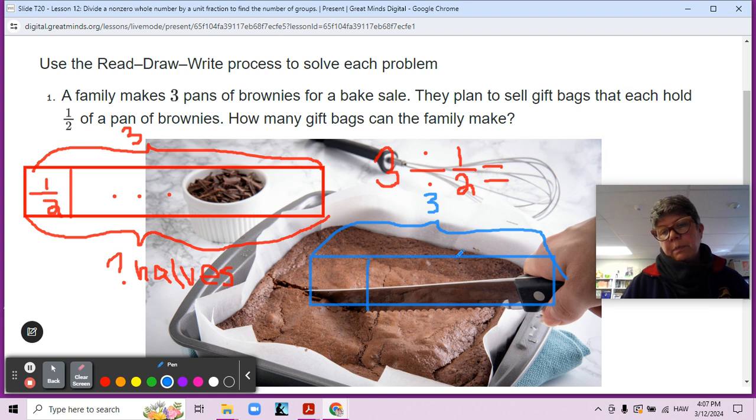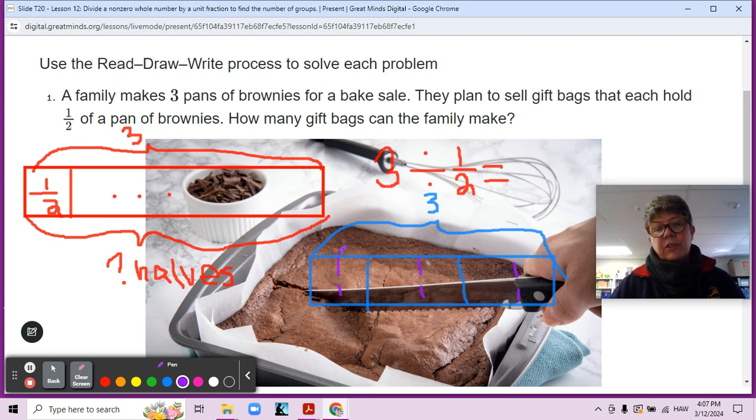We split it up and we said, okay, there's our 3. Now what is 1/2 of 3? I'm sorry, 1/2 of 1. There we go. And then take our 2 and cut that one in half. And then finally our 3 and cut that in half, right? How many halves are in 1? There are 2.